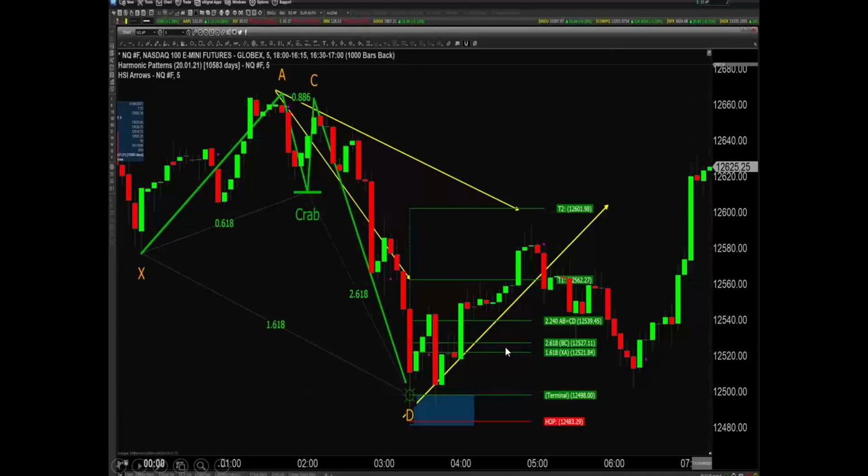Absolutely. And the other aspect of it is, since the 1618 is a minimum objective here on the crab, our entry cannot say anything but 12,521 or lower. This thing went all the way down to 12,500. The 1618 is 12,521.